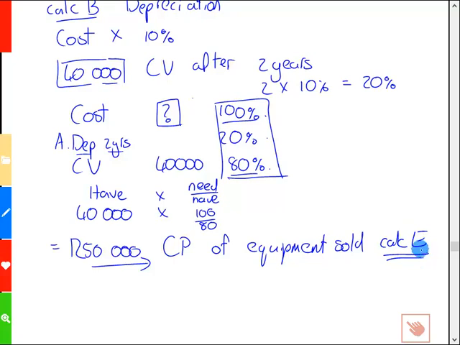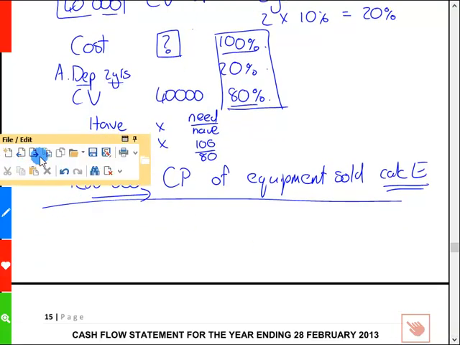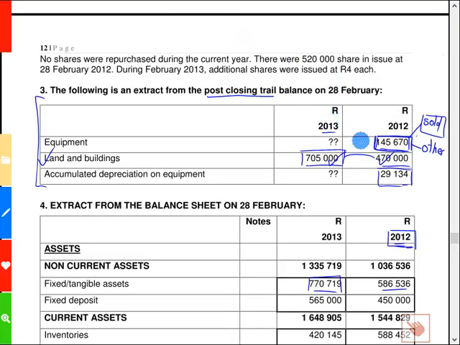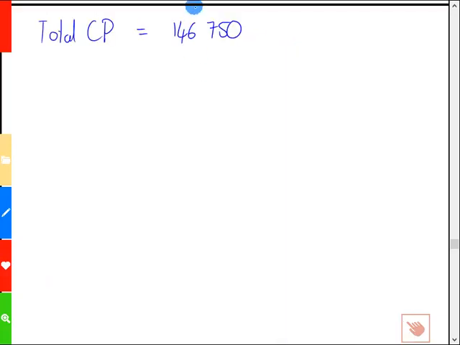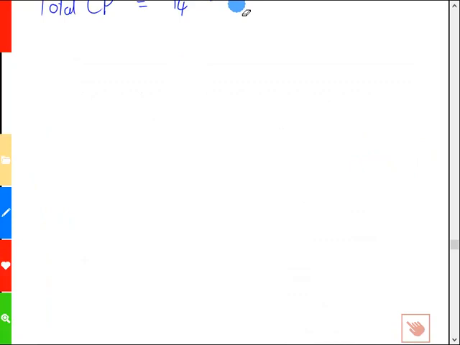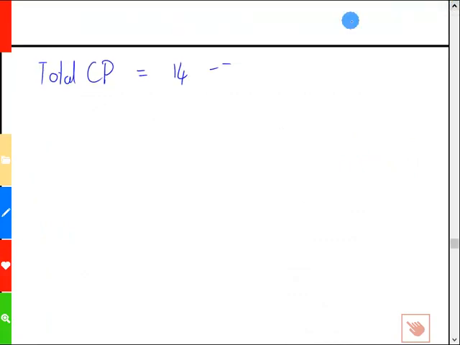Alright. Now that we know the cost price of the equipment sold, let's add another page here. We know the total cost price doesn't change unless we buy or sell something. Total cost price is 145,670.